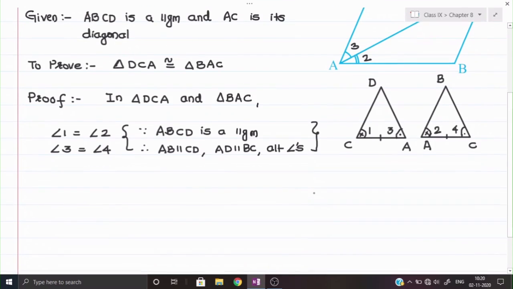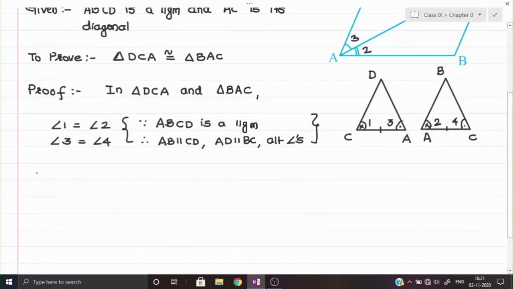Now we can say one more thing here: AC will be equal to AC, that is common. Sorry, in place of AC, in the first triangle the name is coming CA, so we shall write accordingly CA is equal to AC, that is common.